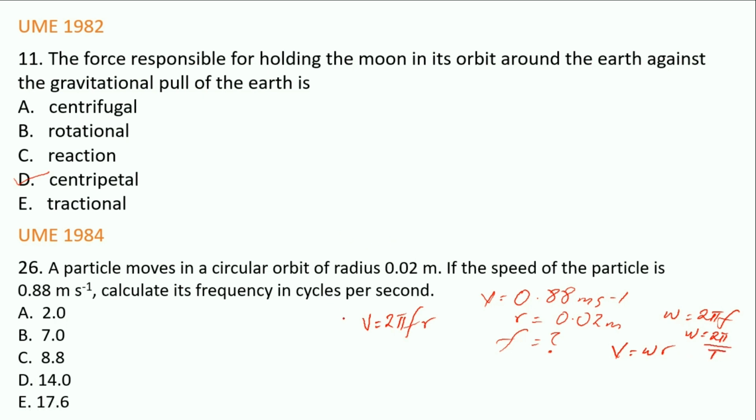So we've got V is equal to 2 pi F times 0.02. And all we've got to do is make F the subject of the formula.